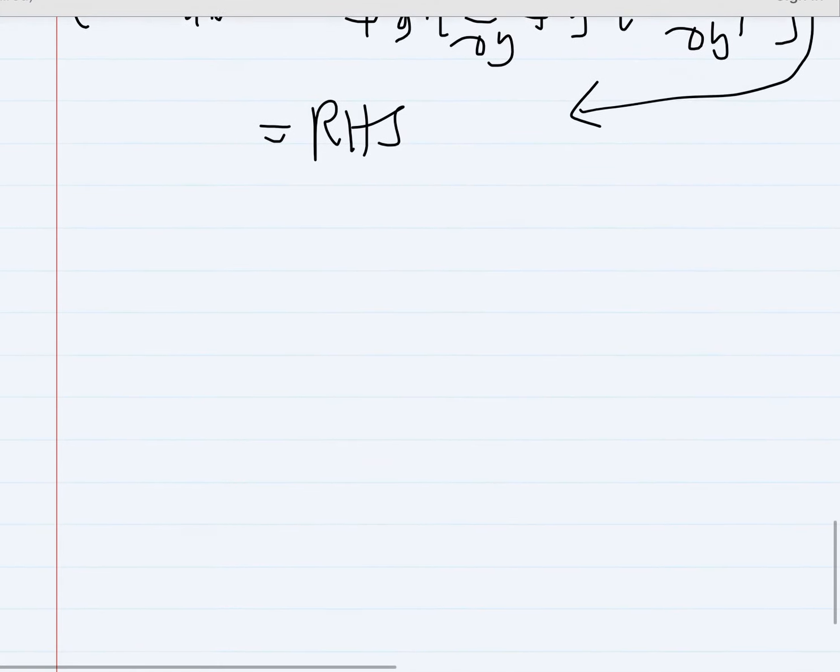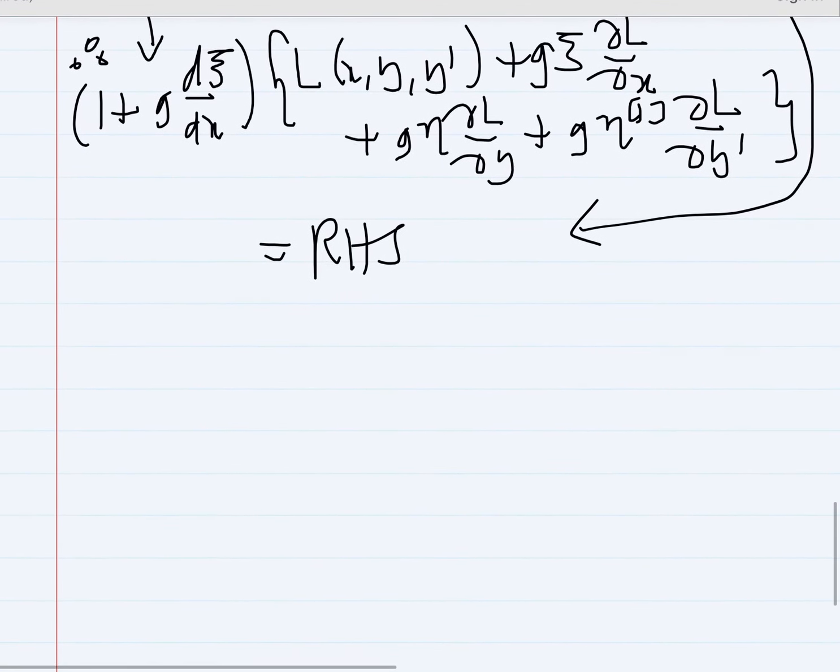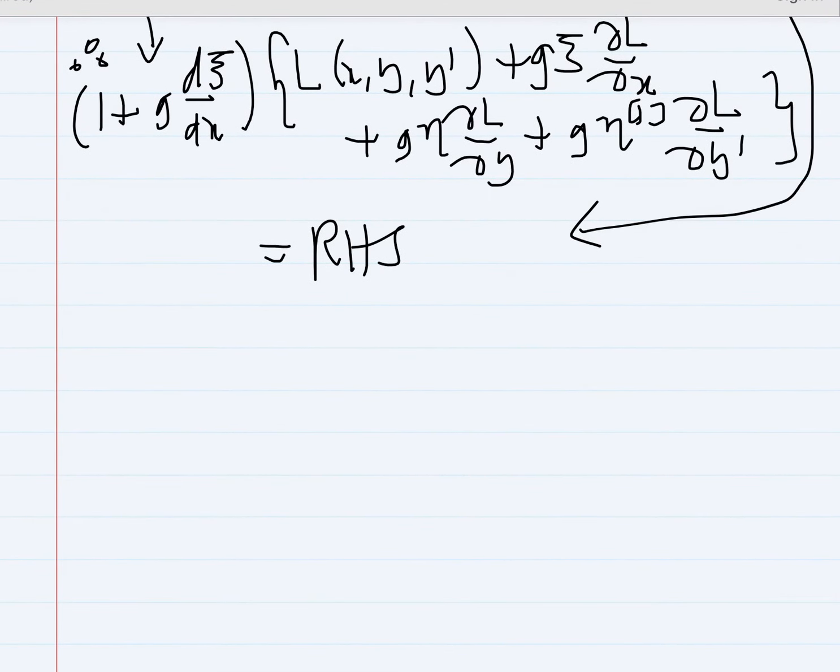We're going to do some multiplications. That means the round bracket on the left hand side is going to be multiplied into the curly bracket on the left hand side, only up to first order in g.